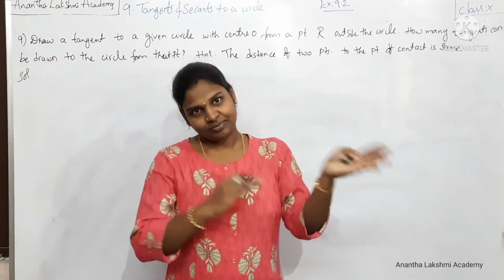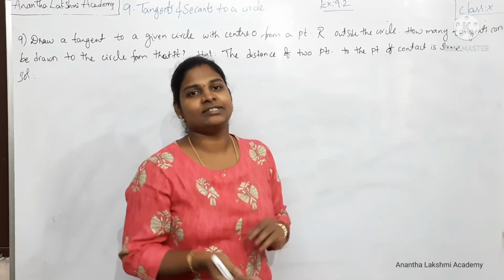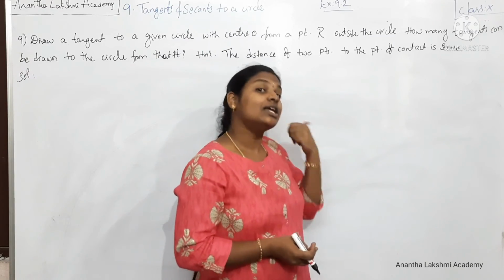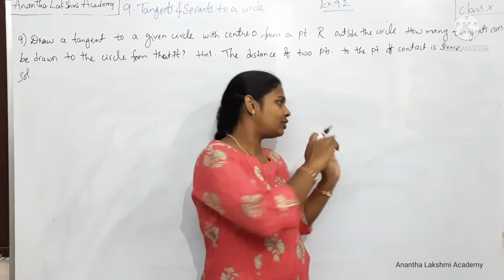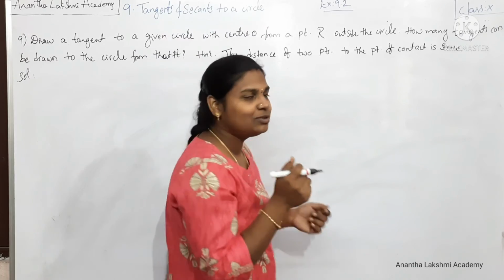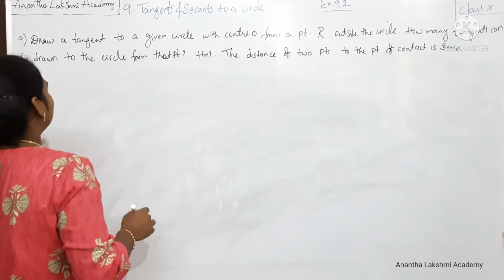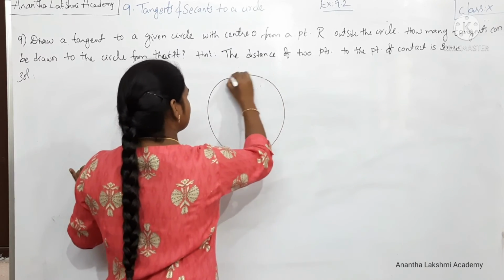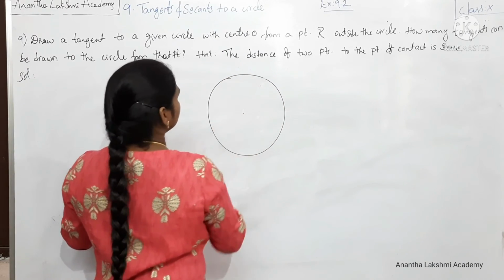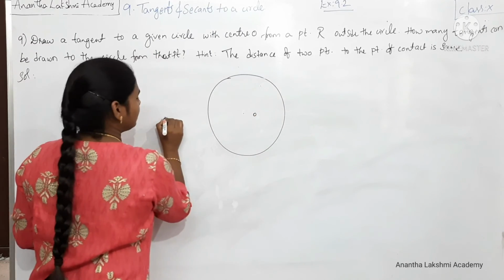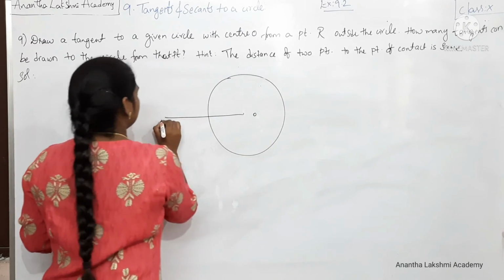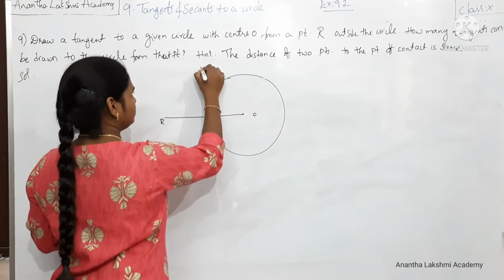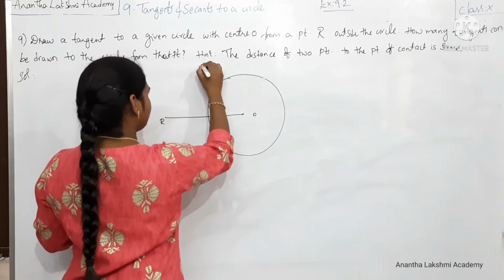Looking at the hint itself, and from the experience we have from all these geometrical construction problems, from a point outside the circle, how many tangents were we able to draw? PA and PB, 2 tangents only, no? So draw a circle first with center O, and with however much distance you want, take a point R. Now draw the perpendicular bisector for RO.